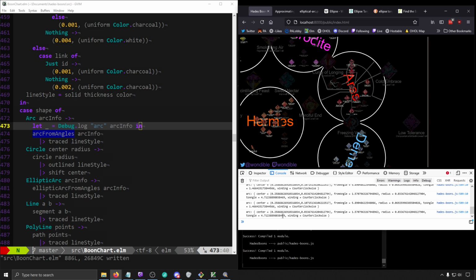From angle to angle. 5 to 1. 1 to 4. Okay, so we have something about a slightly more than 90-degree arc that is wrapping around.